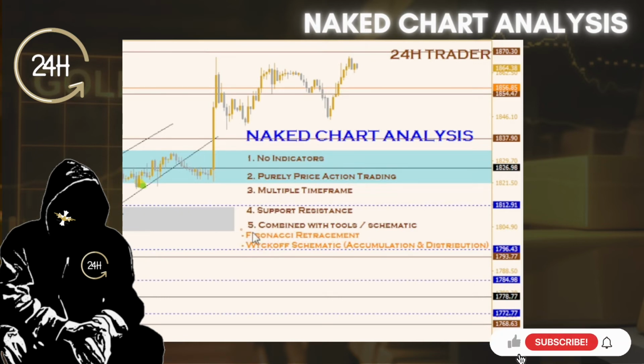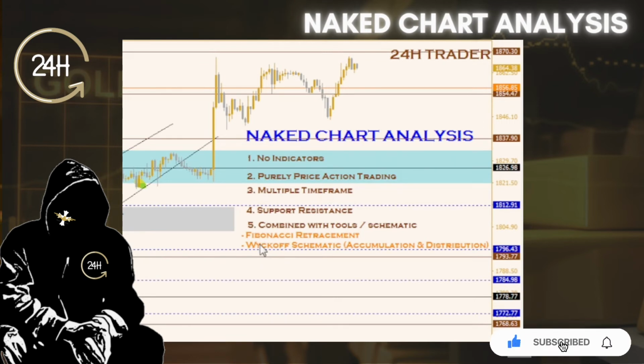So not only support and resistance but also the Wyckoff schematic, but I can assure you that Fibonacci retracement is highly recommended. Sometimes I use it, but now I use chart patterns.